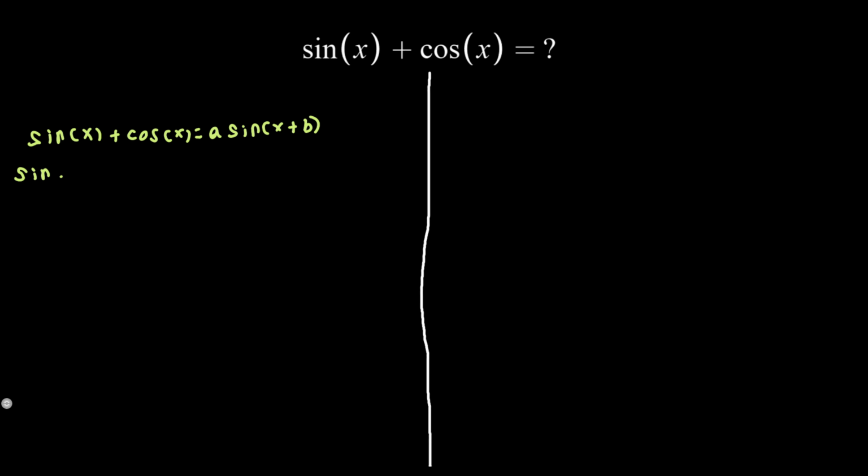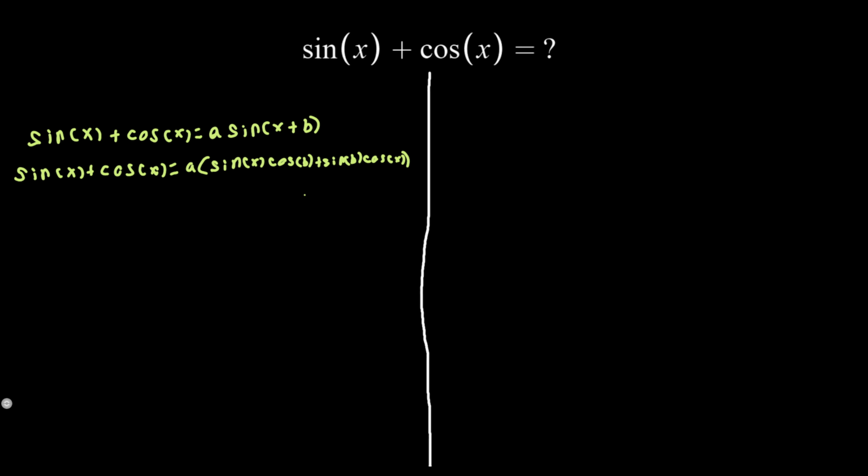So we have sine of x plus cosine of x is equal to a times sine of x cosine of b plus cosine of x sine of b.